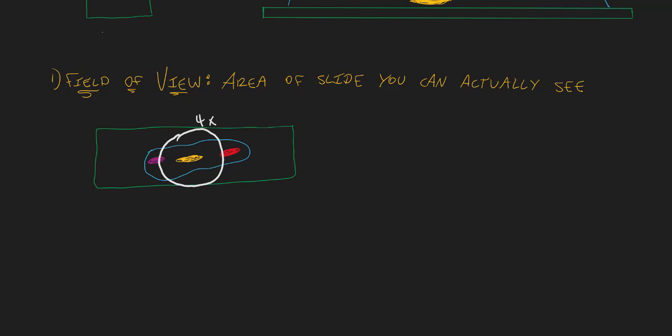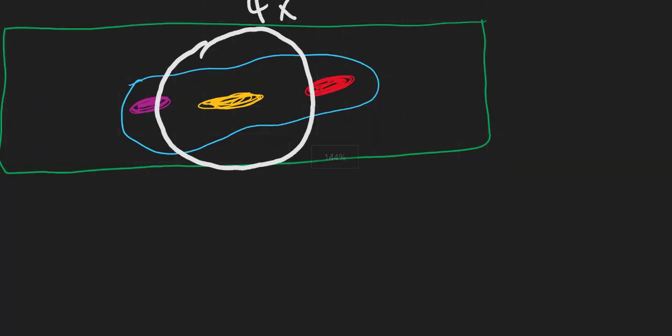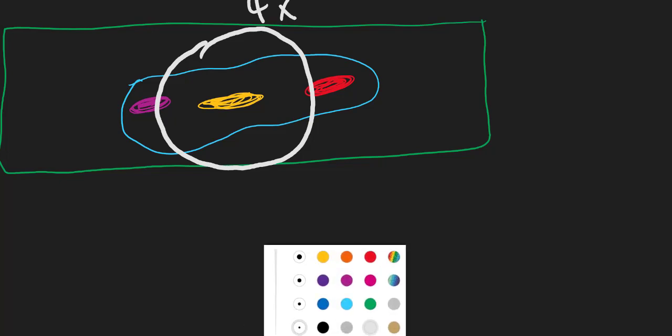But let's say we wanted to get closer. We wanted to have a more magnified view of this slide. Well, in that case, we could rotate our nose piece and change our objective lens to our 10x.